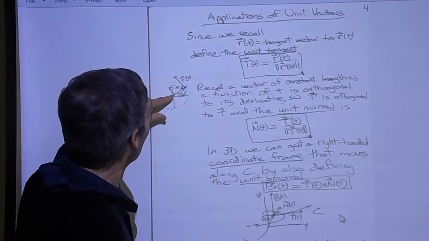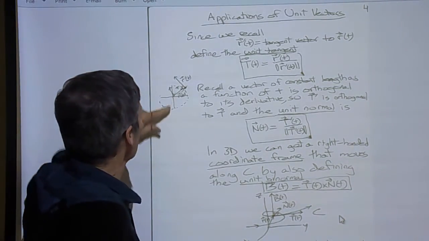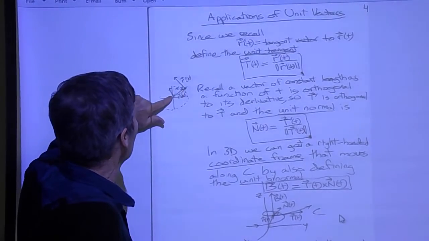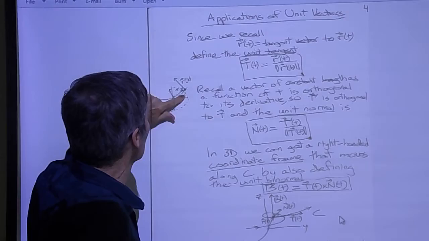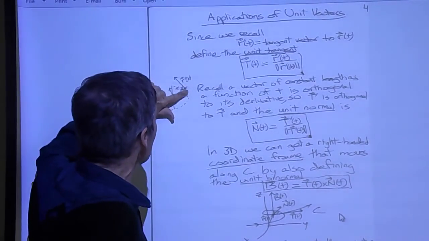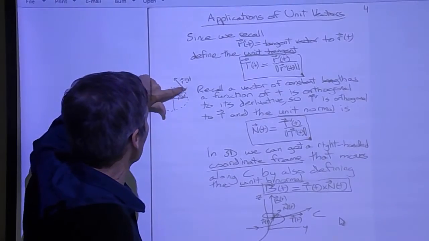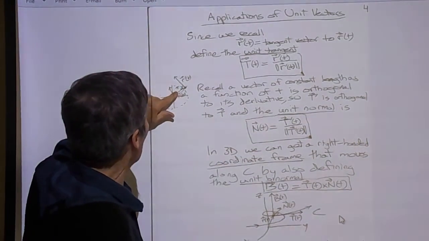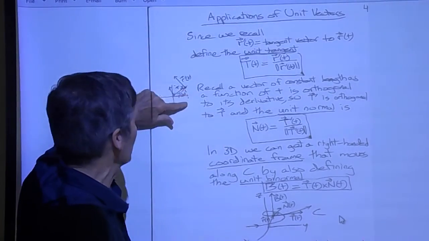Same thing here. Here's a nice illustration of the way a lot of books like to place this. If you have a vector, v or something, and it's a constant length, r or something, and it turns, and it's a vector placed at the origin, then its terminal point is always along a circle of radius r, if it's a constant length r, right? And so what does its derivative vector look like? Remember that the derivative is tangent to the curve it sweeps out.